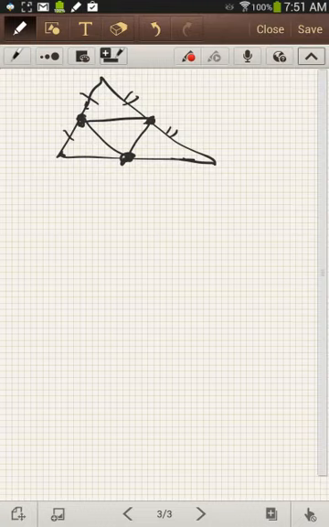We know, or we can justify that this triangle here would be similar to this triangle. They are, and that's something you can discuss with them.